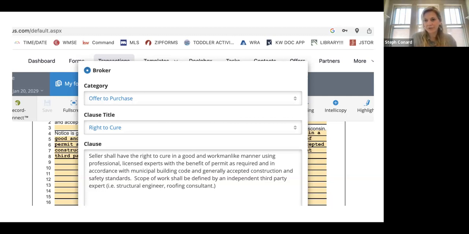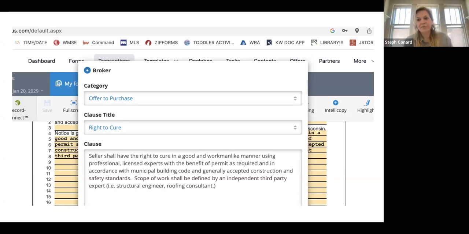And again, it would stop in the offer to purchase, but it continues on saying using professional licensed experts with the benefit of permit as required and in accordance with municipal building code and generally accepted construction and safety standards. The scope of work shall be defined by an independent third-party expert, so either a roofing consultant or structural engineer. So again, it just puts extra protection on the buyer in case the seller does elect to cure.